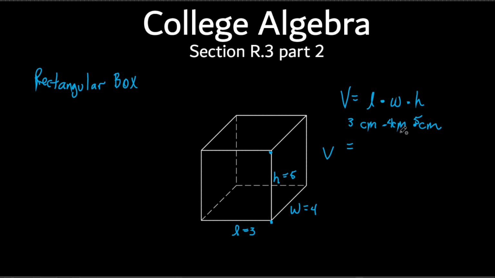Let's do it in our head. 3 times 4 is 12, times 5 is 60. Is it 60 centimeters? No, it's 60 what? Centimeters cubed. Very good. It's centimeters cubed because centimeters times centimeters times centimeters, there's 3 of them.